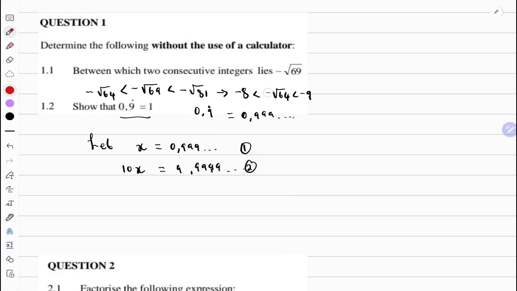So 10x minus x is 9x, and 9.999 minus 0.999, these fall away. This leaves us with 9. So if you divide throughout by 9, therefore x should be equal to 1.